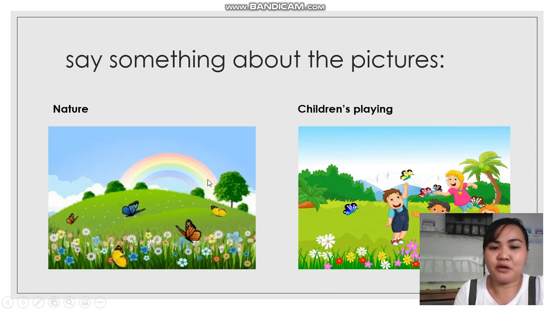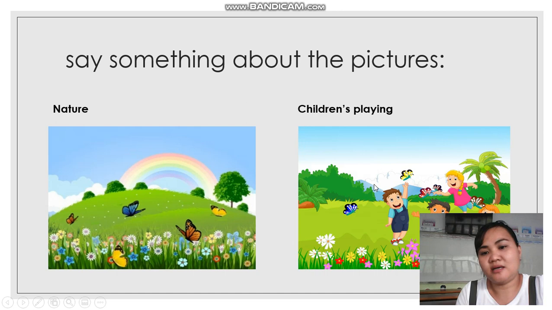I do have here on the first picture, nature. Tell me something about the nature. What can you see about the nature? I can see that there are beautiful creatures or wonderful creatures in the first picture. There are butterflies and beautiful flowers. I can see also there is a magnificent rainbow on top of it.